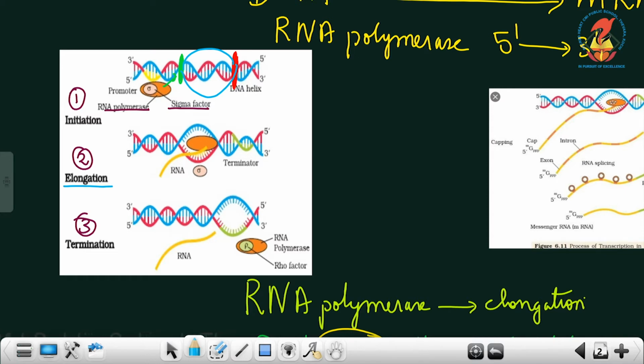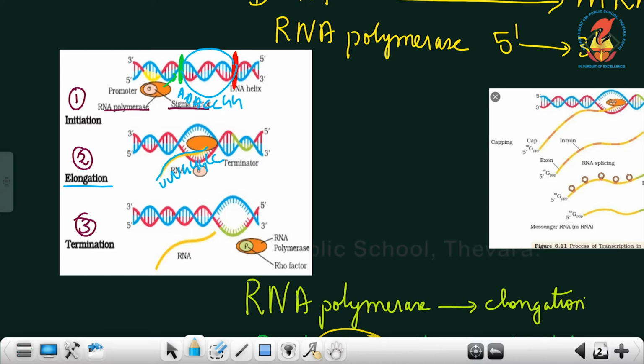The second step is elongation. Elongation is just the addition of the appropriate nucleotides. If the nucleotides were A, C, C and G, the RNA polymerase will bring the bases complementary to them: U for A, G for C, and C for G. So that's how this yellow strand comes out.